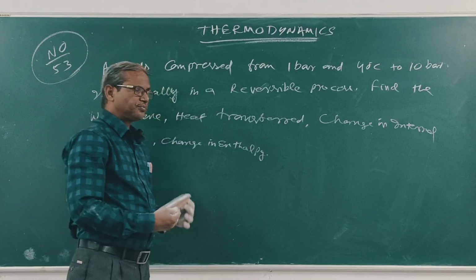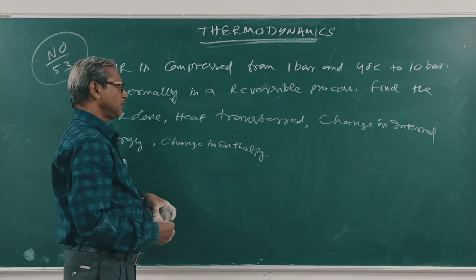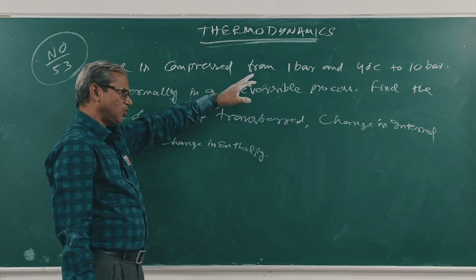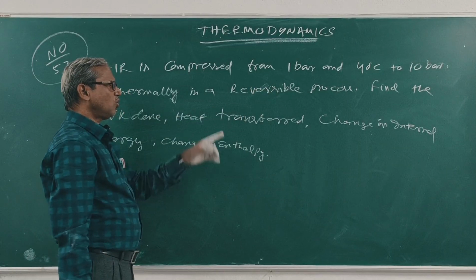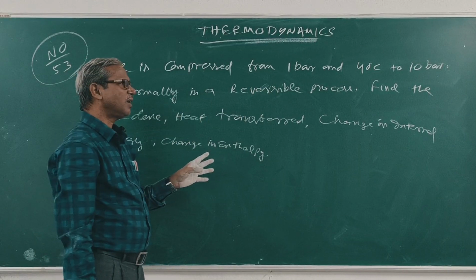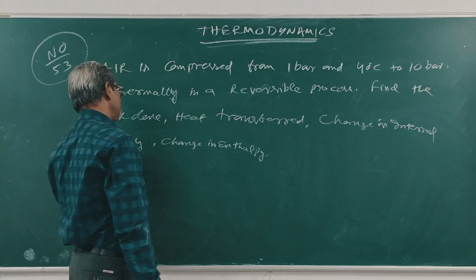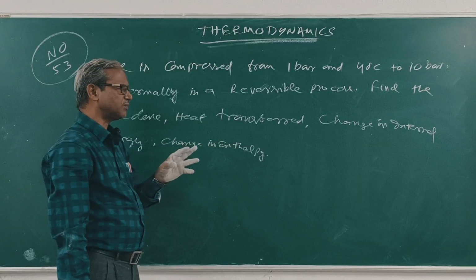This is question number 53. The question is, air is compressed from 1 bar, 40 degree centigrade to 10 bar, P1 P2, isothermally in a reversible process, isothermal process.